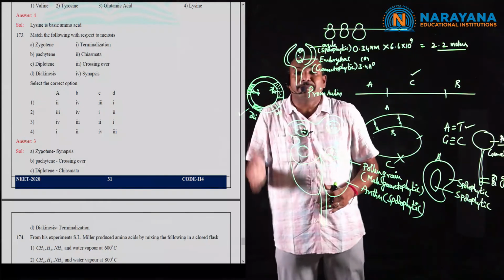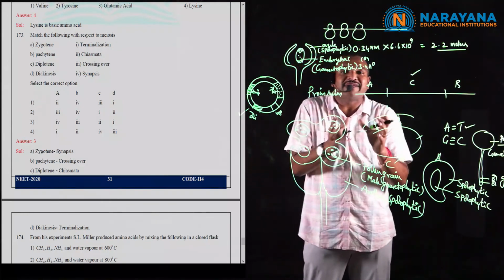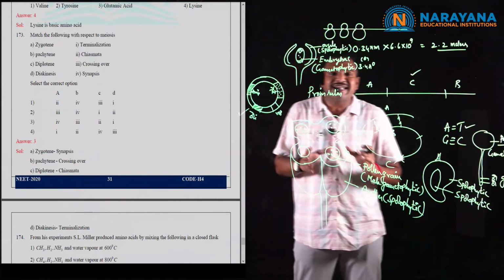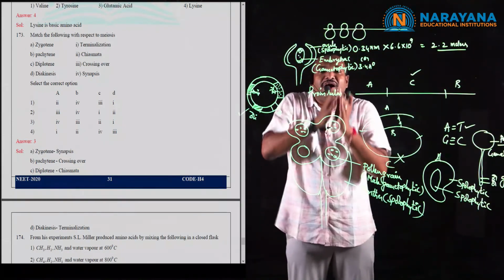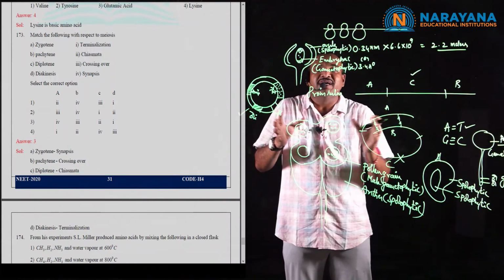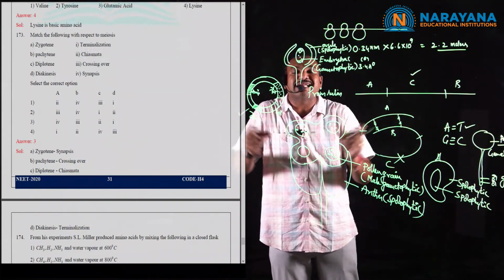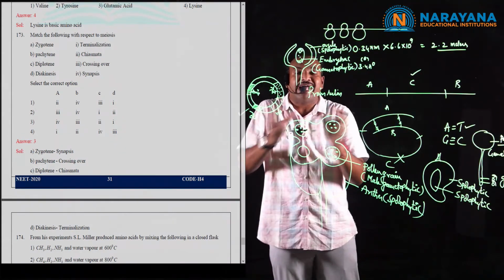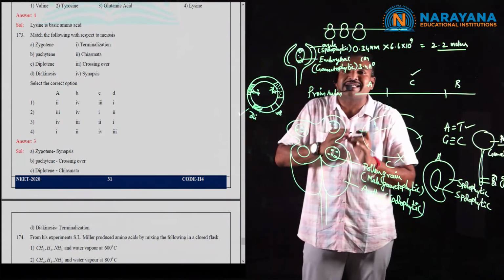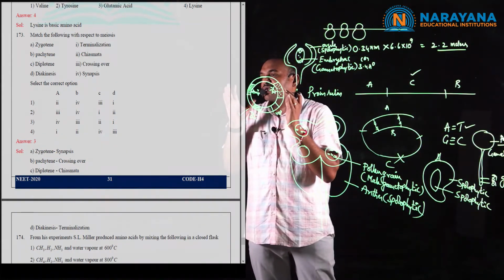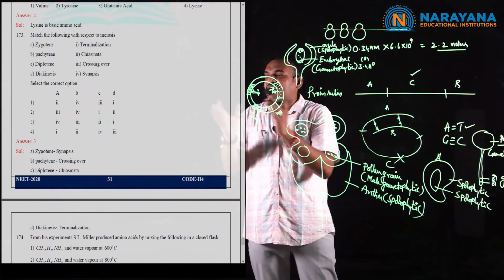Chiasmata are formed during pachytene and are clearly visible during the diplotene stage. Diakinesis is the stage where all these chiasmata move to the telomeric region, in a zipper-like manner. This zipper-like movement of chiasmata to the telomeric region is called terminalization. That is why the right combination for question number 173 is the third option.